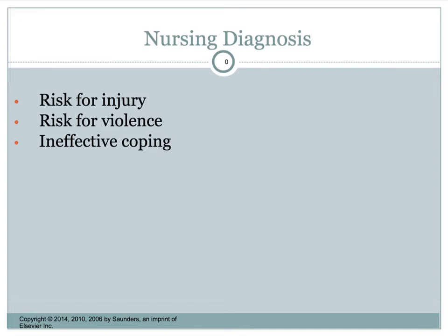Sleep deprivation, impaired social interaction, wandering, and so forth. So again, we have a lot of different nursing diagnoses that we can use to treat these symptoms that they're having. And they have a really good table on page 235 that talks about the diagnosis and the outcomes and what the signs and symptoms are that you would see.